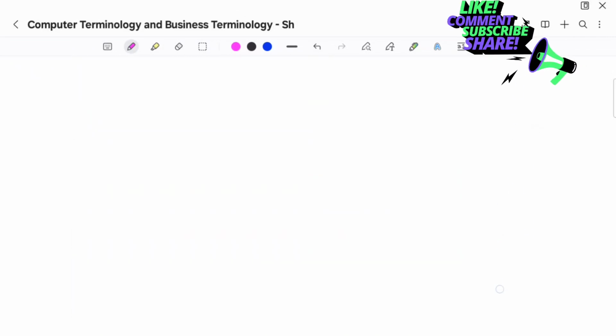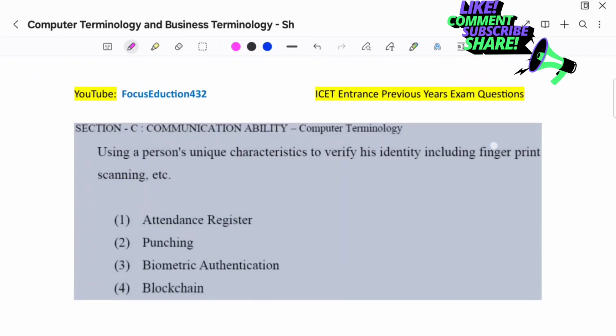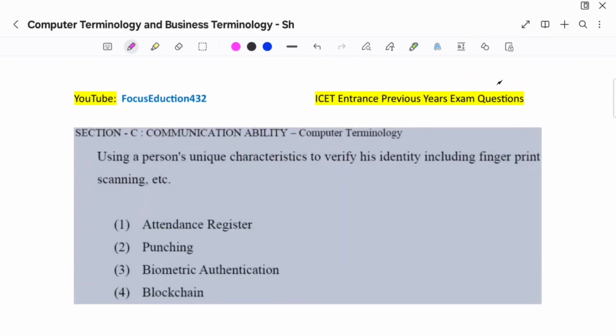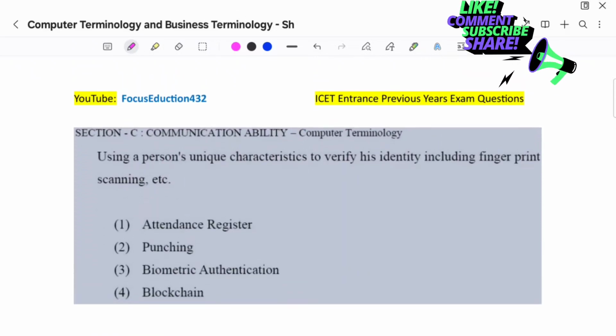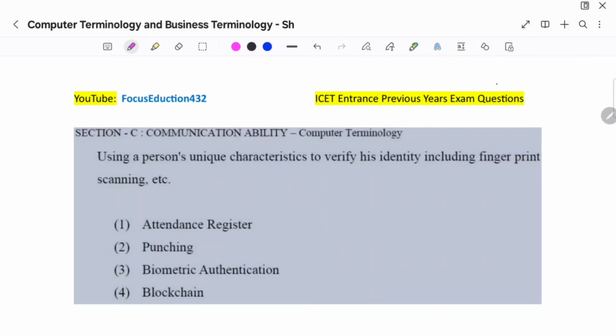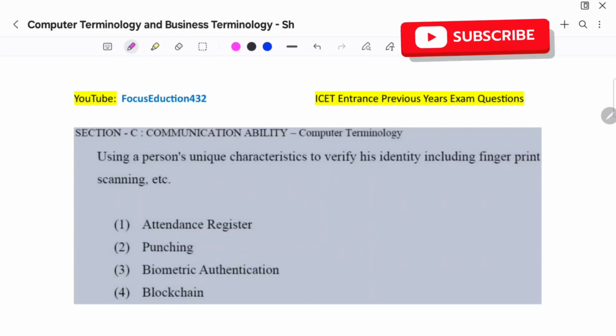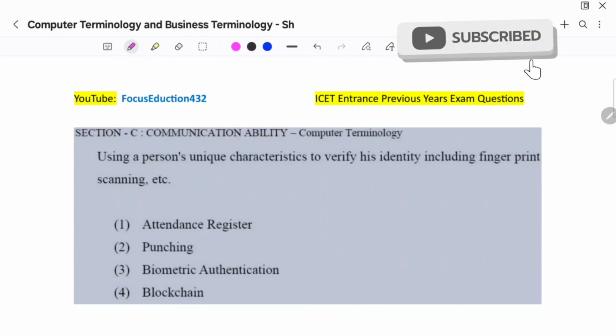Now moving to the next question. There are 10 marks for 10 questions in the exam. Using a person's unique characteristics to verify his identity, including fingerprint, scanning, etc. So what is this known as?